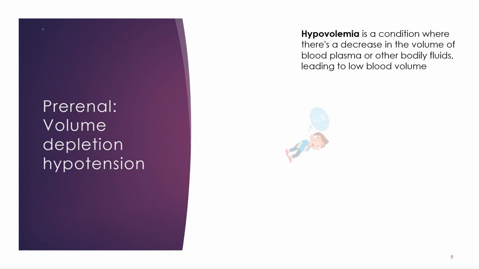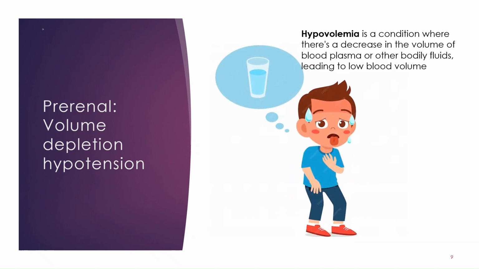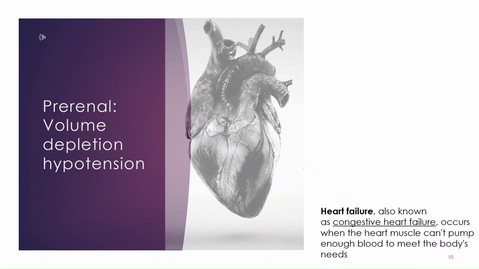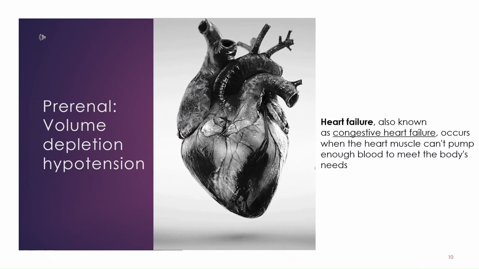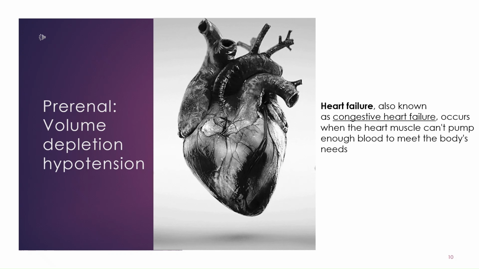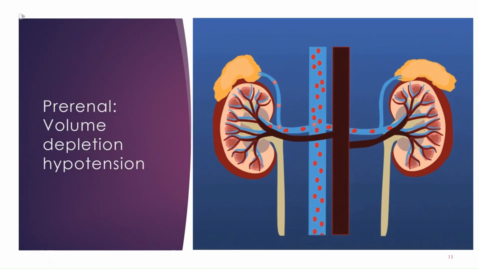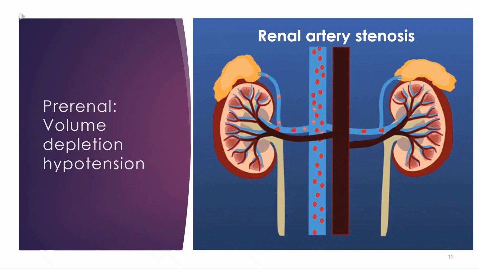It's characterized by decreased renal perfusion, which can stem from various factors like hypovolemia, heart failure, also known as congestive heart failure, which occurs when the heart muscle can't pump enough blood to meet the body's needs, or renal artery stenosis. The key feature is that the kidneys themselves are not damaged, and function typically returns with correction of the underlying issue.